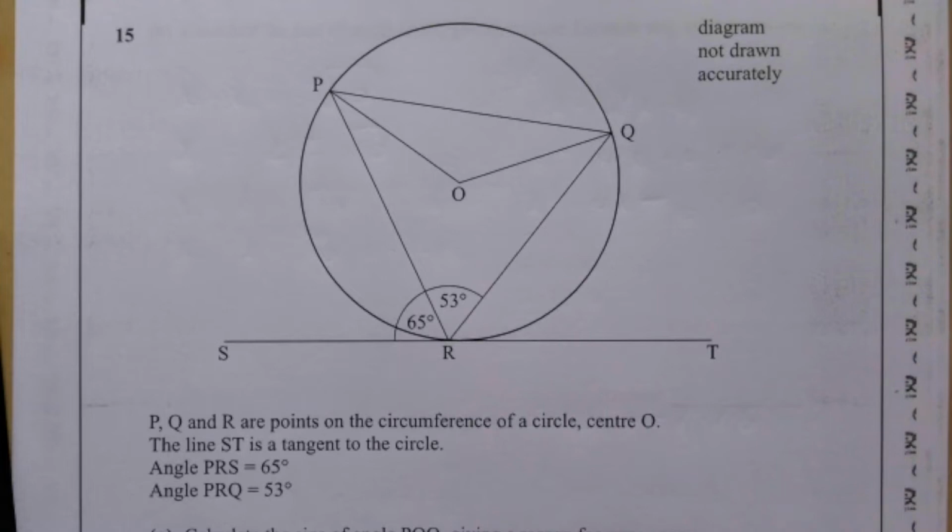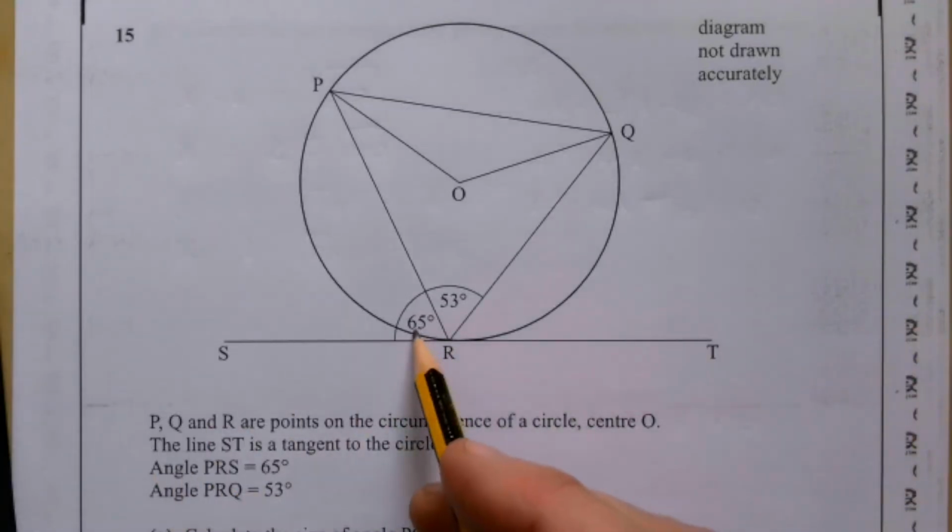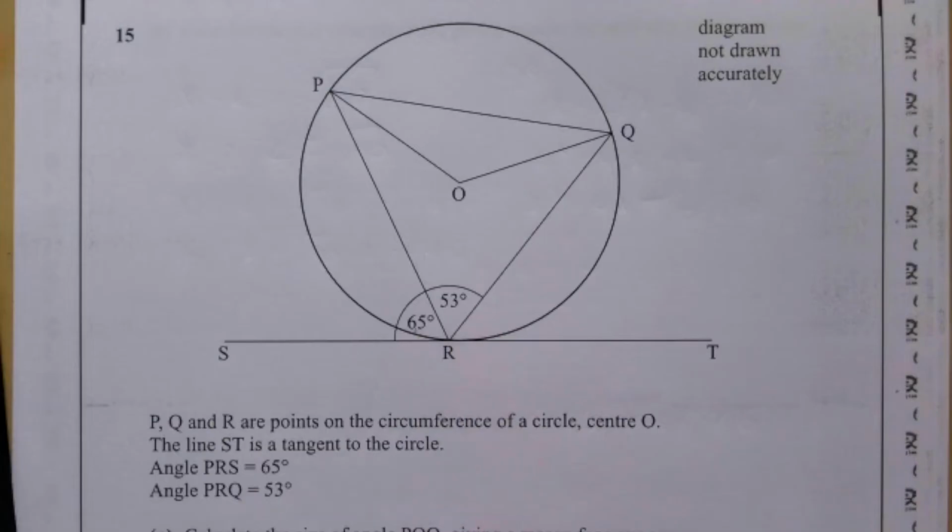Question 15, P, Q and R are points on the circumference of a circle, centre O, that's okay. The line ST is a tangent, PRS is 65, PRQ is 53. Calculate the size of angle POQ, giving a reason for your answer.